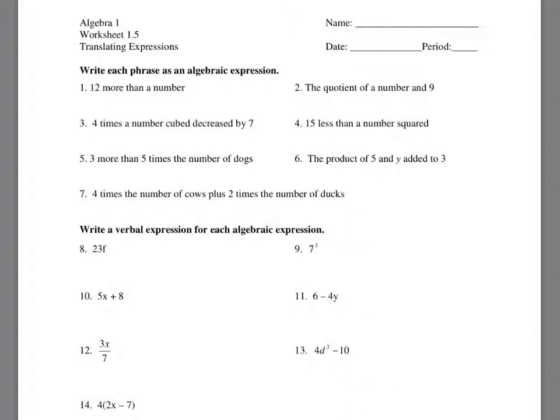All right, number 1, it says, write each phrase as an algebraic expression. So here you have 12 more than, so more than means adding a number, and it doesn't matter the order, so we're just going to do 12 plus a number, n, or you could do n plus 12.